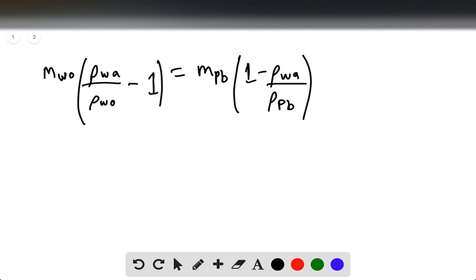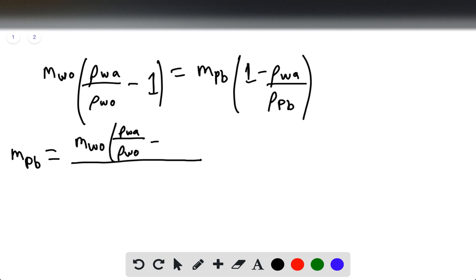Once we have this, we can solve for the mass of the lead. So the mass of the lead is going to equal the mass of the wood times the density of the water divided by the density of the wood minus 1, and then we have 1 minus the density of water divided by the density of lead.